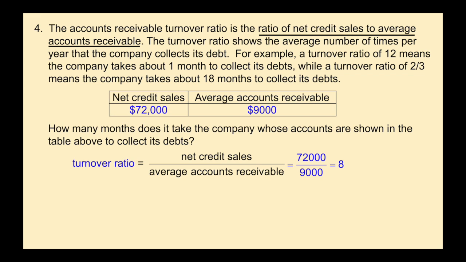Now from there, the turnover ratio is showing us the average number of times per year that the company is collecting that debt. So if it's 8 times within 1 year, and we're looking at how many months it's going to take, since it's 12 months and we're going to collect this 8 times, that would reduce down to 3/2. So 3/2 is going to be our answer for number 4.